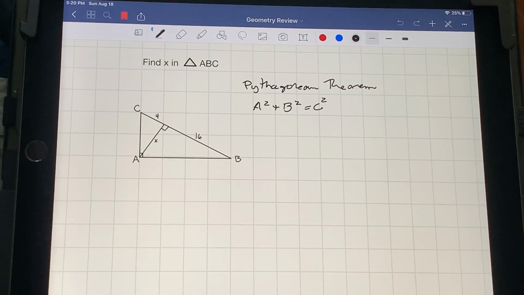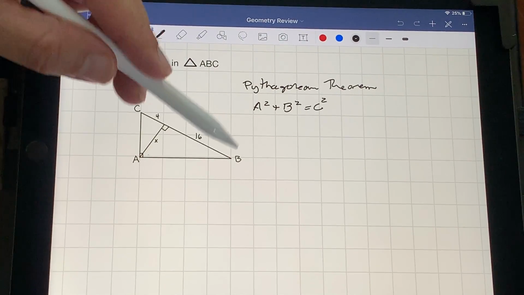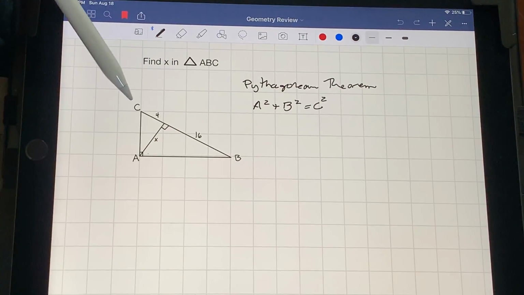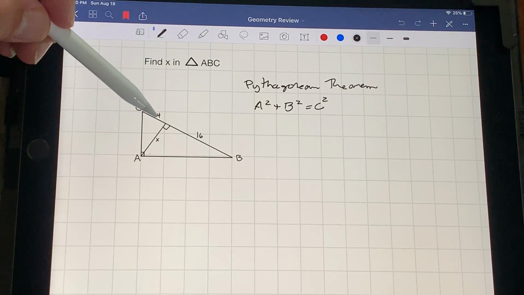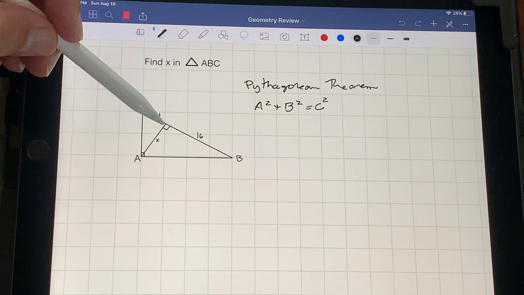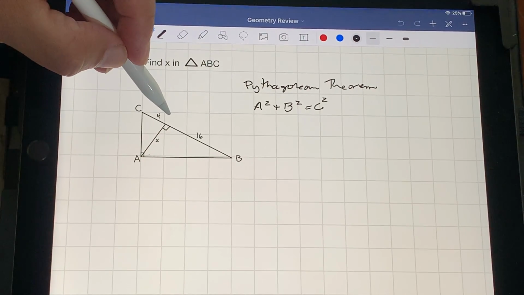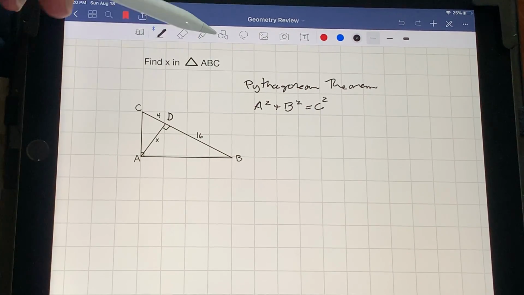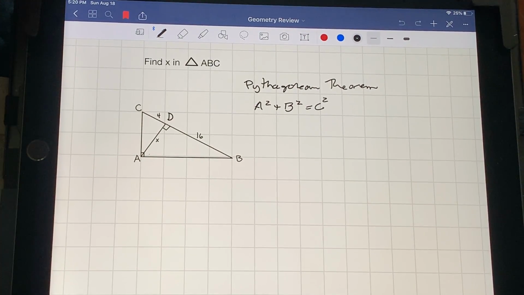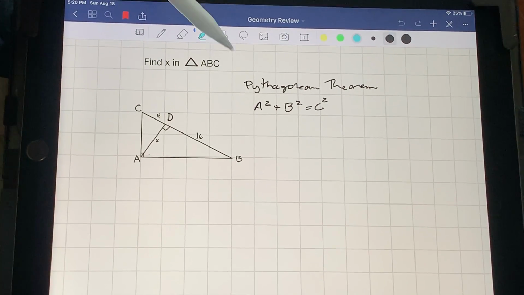So, understanding that, I can tell that we have this major triangle, ABC. However, C is inside this major triangle. So I'm going to add another element here, or another letter. So now you can see that in reality, I have three triangles.